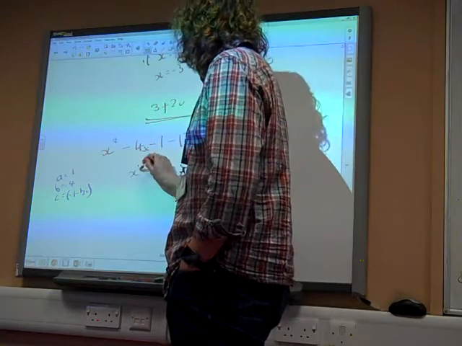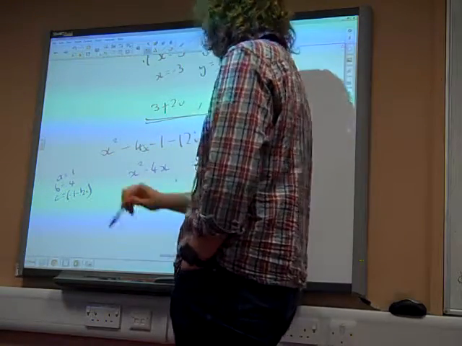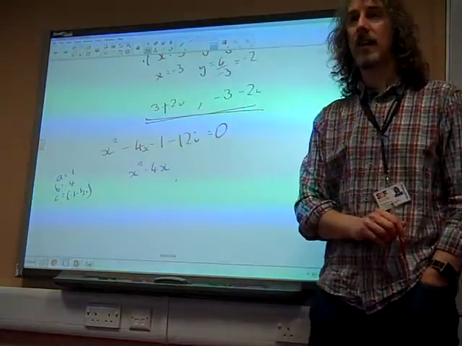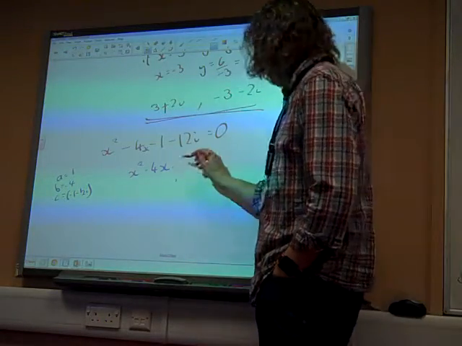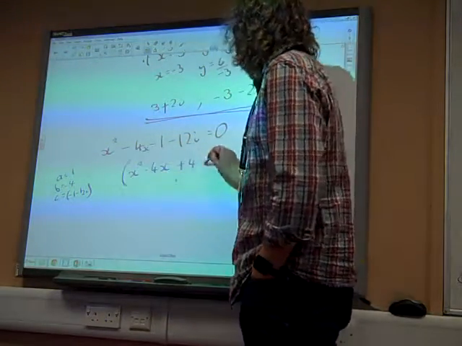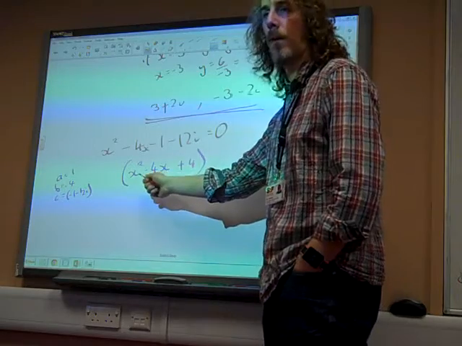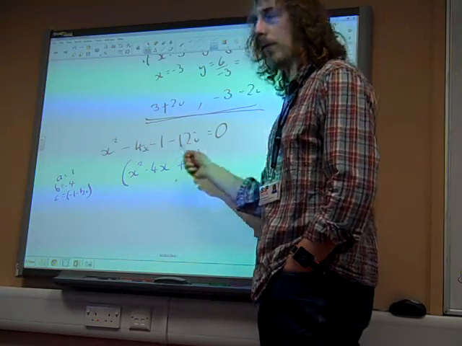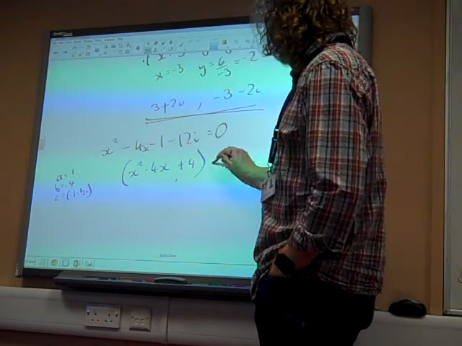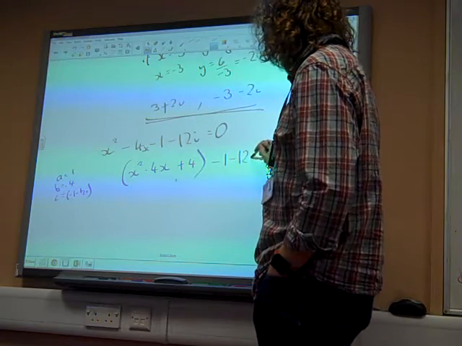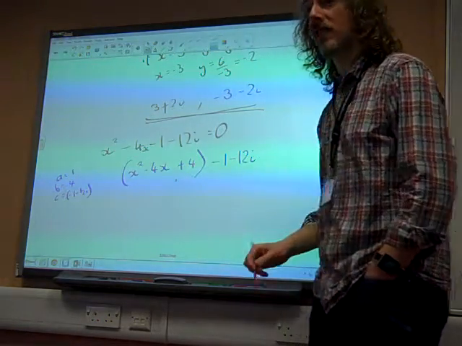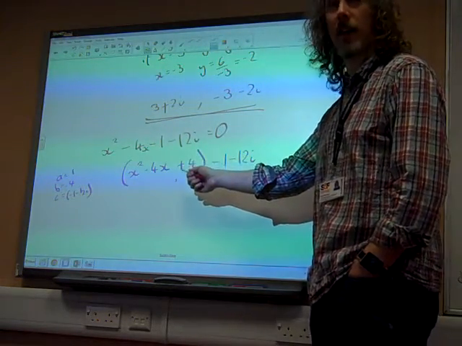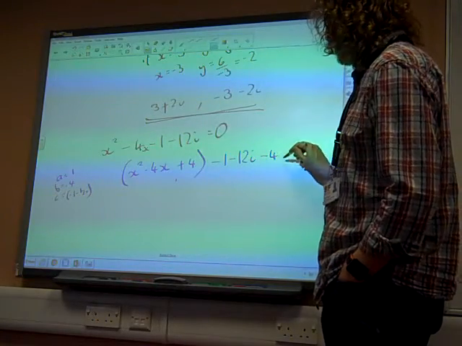So completing the square gives us x squared minus 4x. To complete the square on that, we would need a +4 alongside that, to make that a perfect square, because a half of -4 is -2, squared is +4. We've still got the -1 minus 12i hanging around there. We've just added a 4, so let's take that 4 away again.